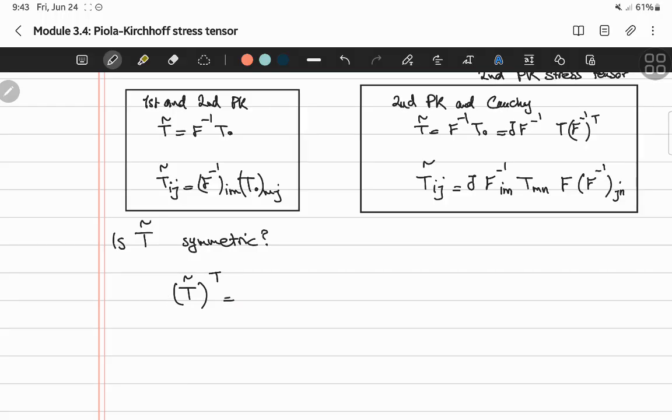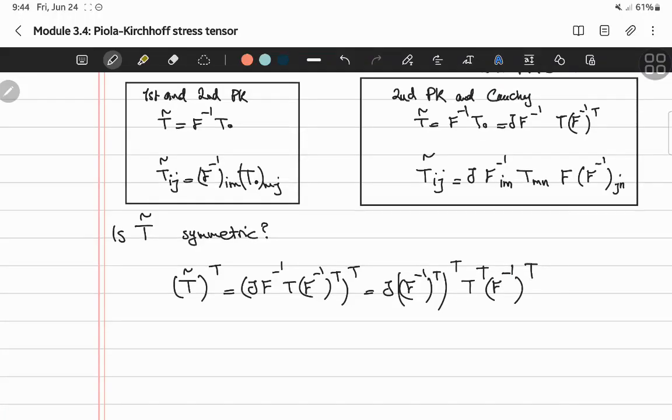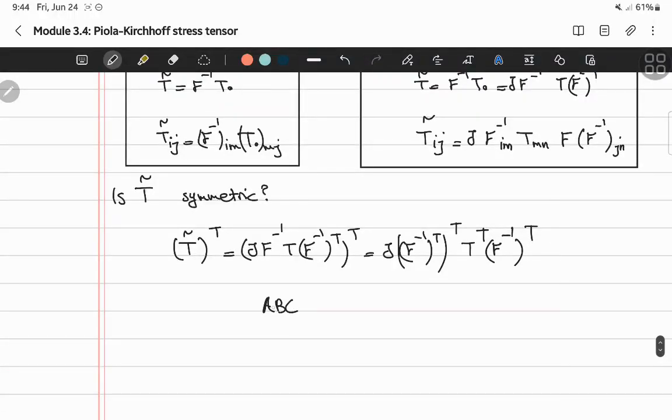So T tilde transpose is equal to J F inverse T F inverse transpose, transposed. So J is a scalar, I take it out. Then we have F inverse transpose transposed. If you have a b c transpose, you know that it becomes c transpose, b transpose, and a transpose. That's what I'm doing here.